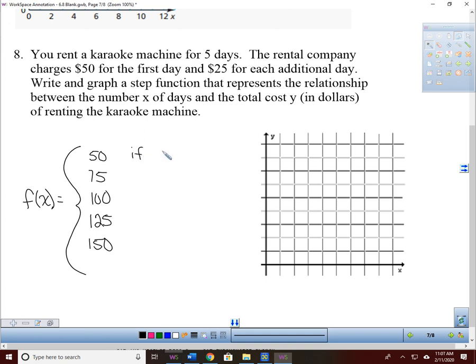That's if I'm between 0 and 1. Now you need to decide where your equal to bar goes. If I haven't even done a whole day, would I be paying anything? No. So 1 day I'd be equal to. My equal to bar is going to be on the right-hand side of all of these.